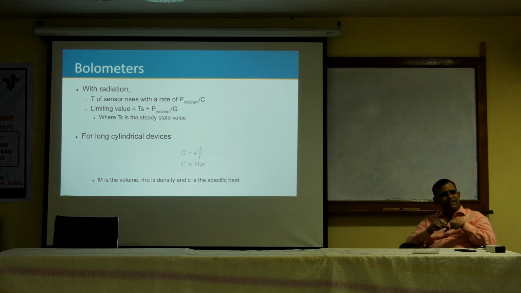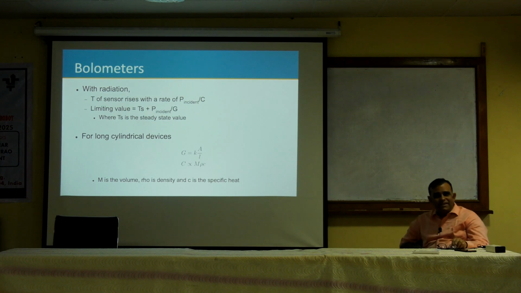Typically, if you have long cylindrical devices like wires, that is the kind of heat conductivity equation you have, which looks very similar to the resistive conductivity. So, what is the resistance of a cylindrical wire? Rho L by A, right?